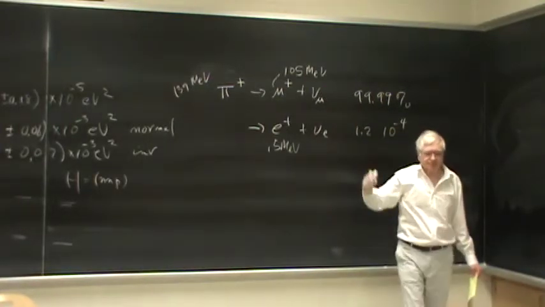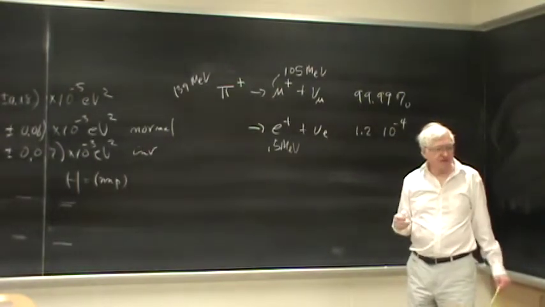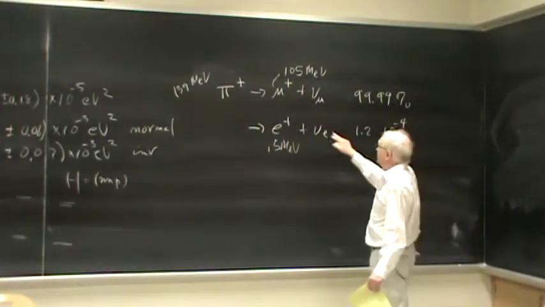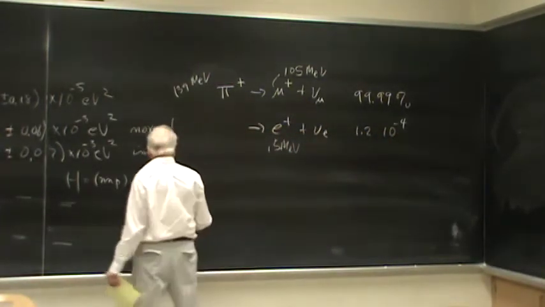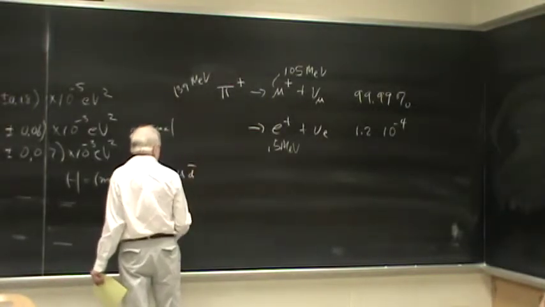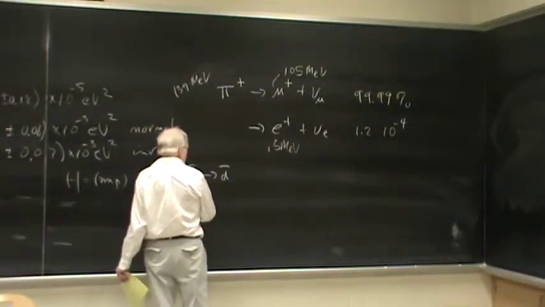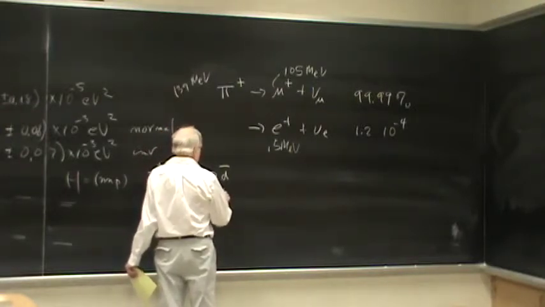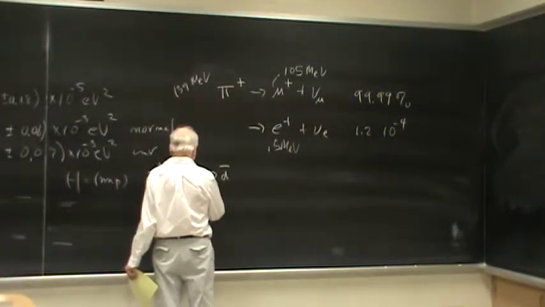So what's going on? Well, it's all because of that covariant derivative. Namely, this has to go through a W, so what actually happens is that the pi plus is u d bar. Let me try to get this straight.